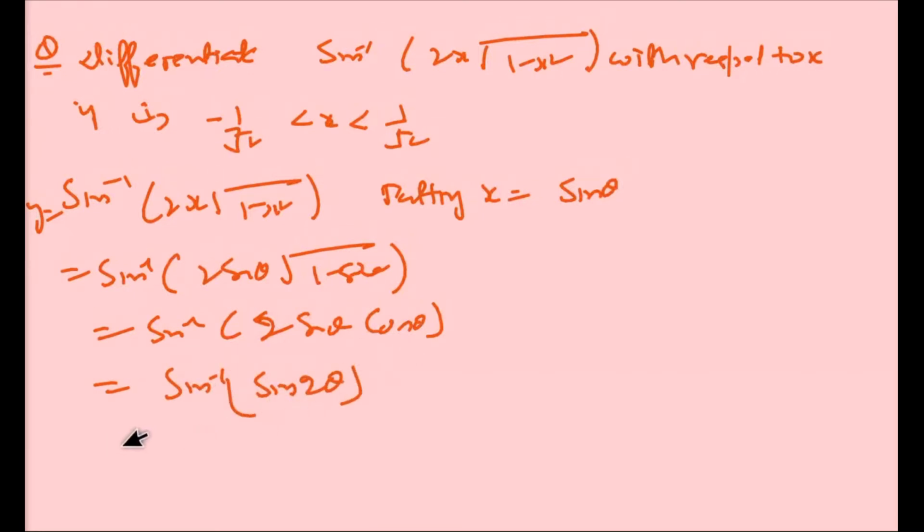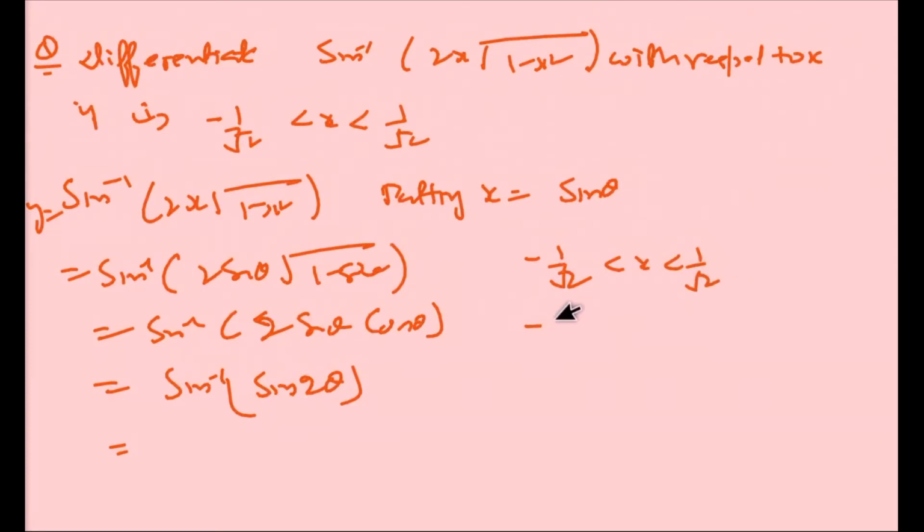Now this will be equal to what? What is our range? Minus 1 by root 2 less than x less than 1 by root 2. So we know what is given to us here, minus 1 by root 2 less than x less than 1 by root 2.